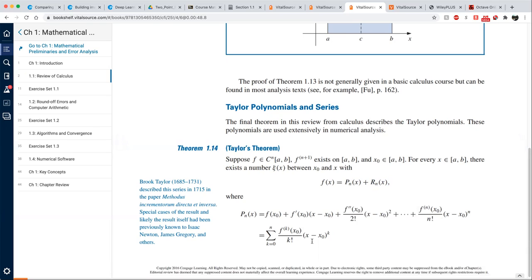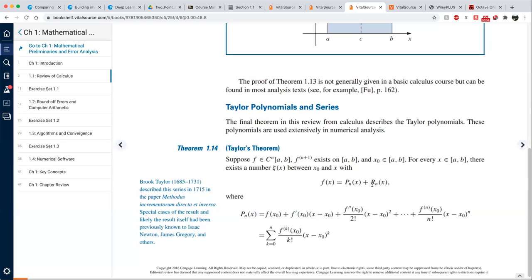So we're going to use this one a lot too. We saw this one in calculus 2, right? Keep in mind this. For any type of function, algebraic or non-algebraic, it can be expressed as a Taylor polynomial plus a truncation term.